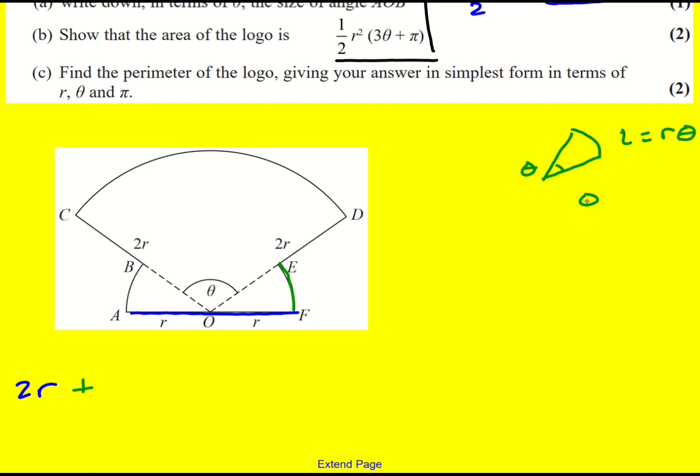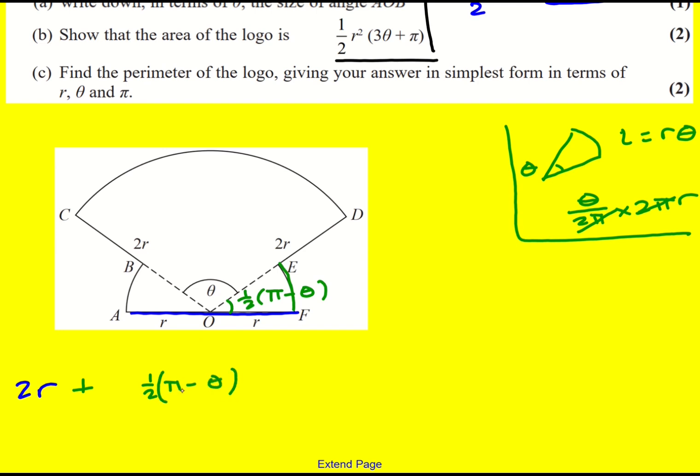That comes from, again, theta over 2 pi for the fraction of my circle times by the entire circumference. The 2 pi's cancel, leaving us r theta. So remember, this here was a half (pi minus theta). So it's going to be a half (pi minus theta) times r. But then there's two of them, so I'm going to times it by 2.